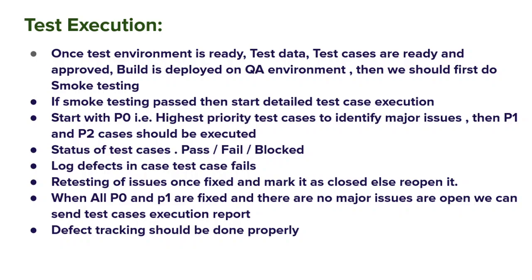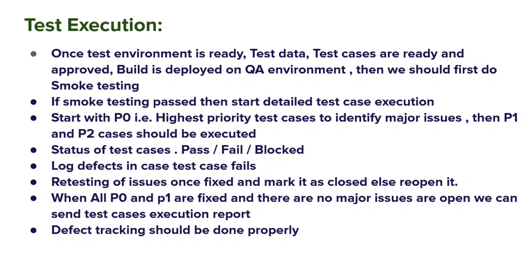So once you start with detailed test execution, how should you proceed? If you remember, in our last session we created the test cases. While creating the test cases, we wrote all the test cases, and for all the test cases we also gave the priority. If you remember, P0 priority, P1 priority, P2 priority.